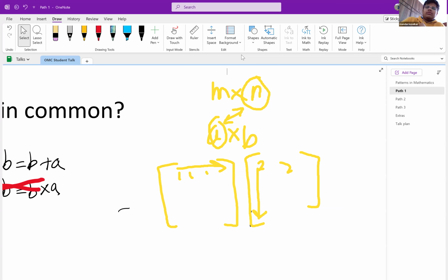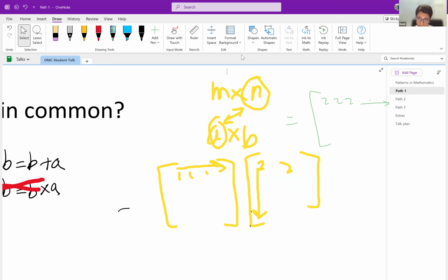It depends on how large your matrix is. Do you see why we need the number of columns here equal to the number of rows here? Because we are multiplying them element wise, so the number of elements here should equal the number of elements here.